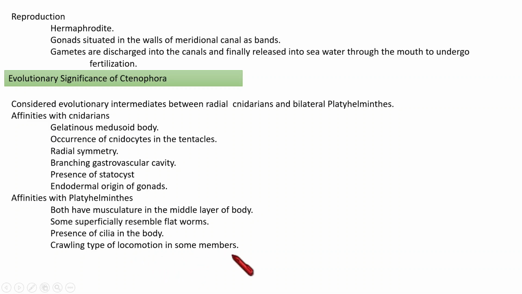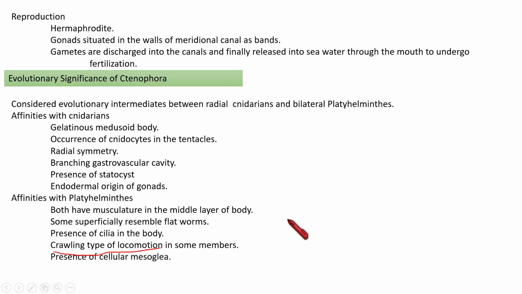Some members of Ctenophora show crawling type locomotion, and that type of locomotion is present in platyhelminths. And then cellular mesoglea, the presence of cellular mesoglea, is another feature common between platyhelminths and ctenophores. So these are the affinities with the platyhelminths.